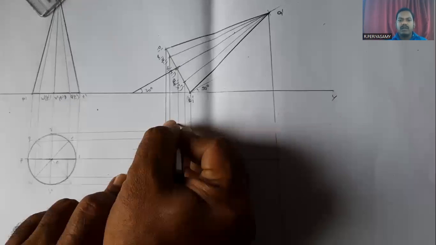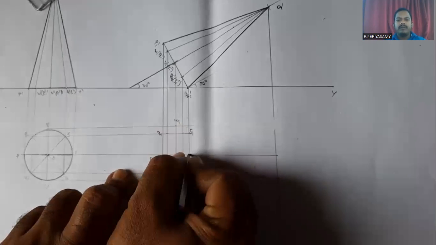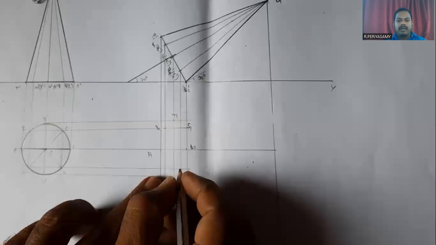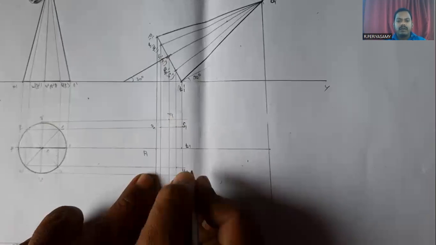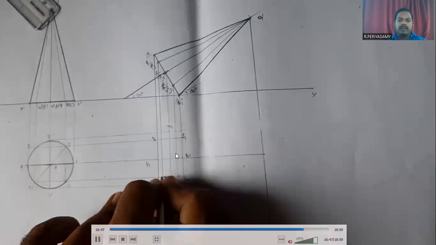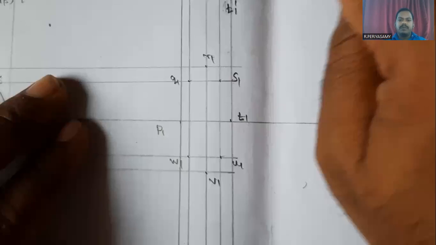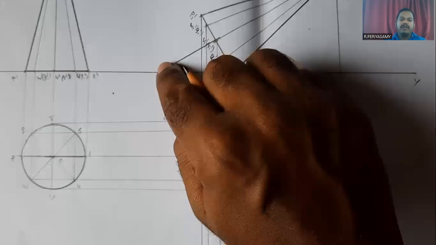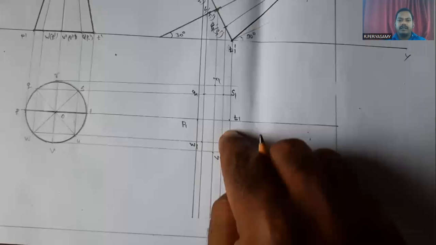The same way we mark all the points: R1, S1, T1, U1, V1, W1. Now we join all these points. The ellipse shape will be produced.